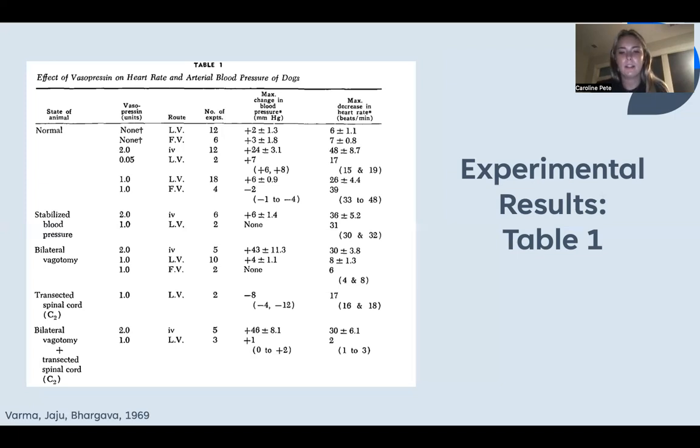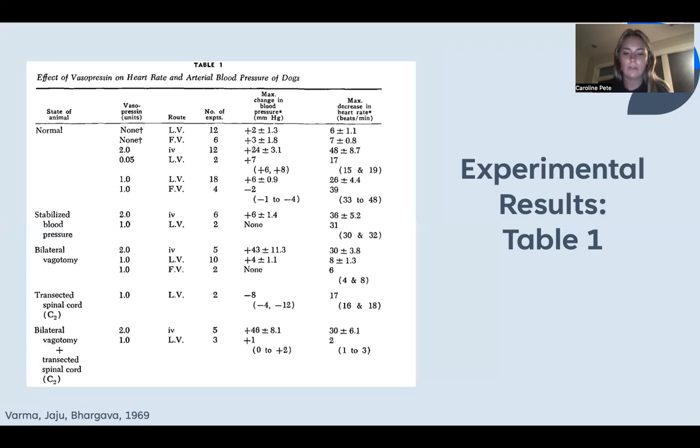Through this experiment, it was found that there was a rise in arterial blood pressure and slowing of the heart caused by the intravenous injection of 2 units of vasopressin. The rise started 20 seconds after the injection, peaked around 2 minutes, and gradually went back down to the pre-injection level after around 30 minutes.